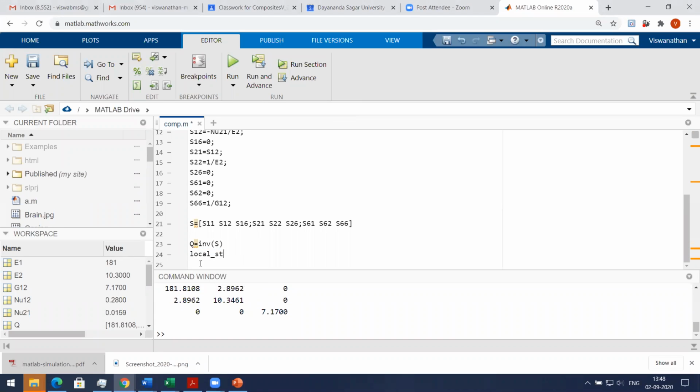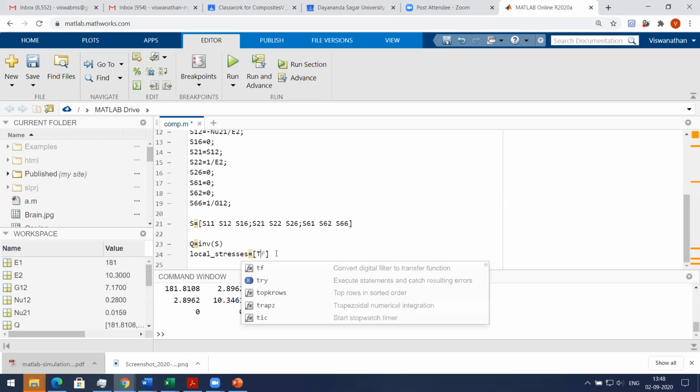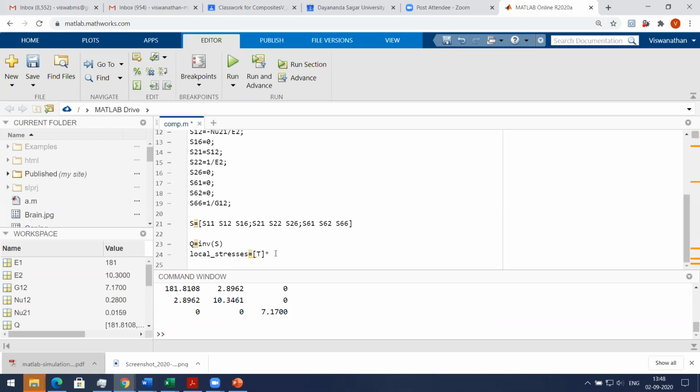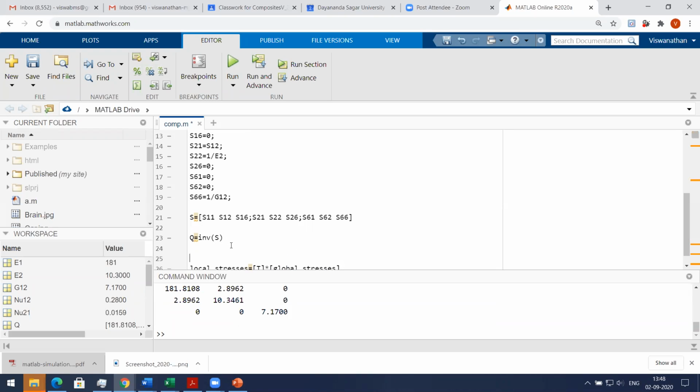Local stresses is equal to the transformation matrix, capital T, multiplied by the global stresses, correct? Now I have to define what the transformation matrix is before that.